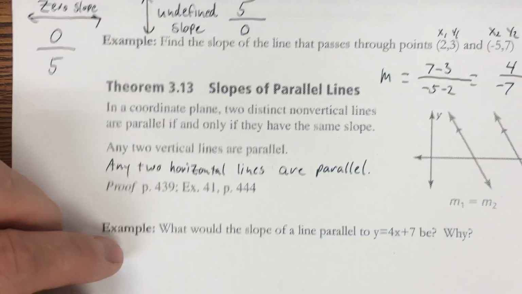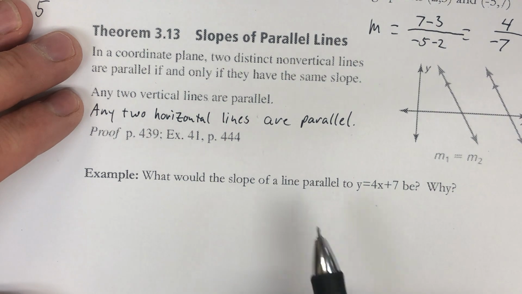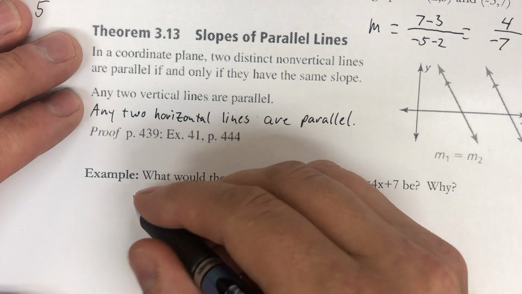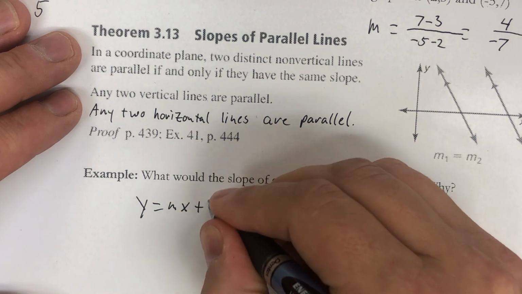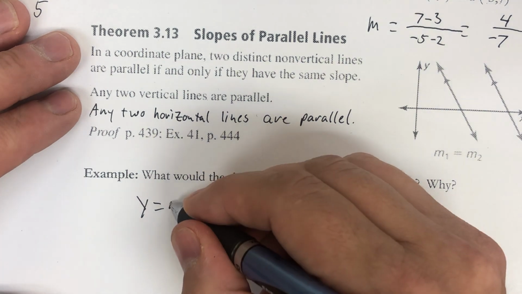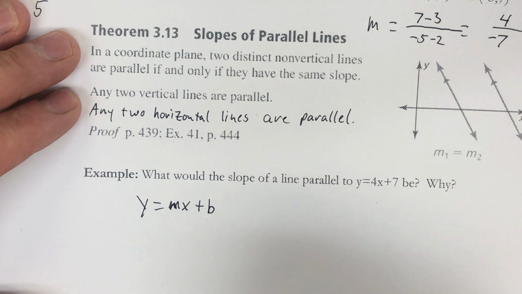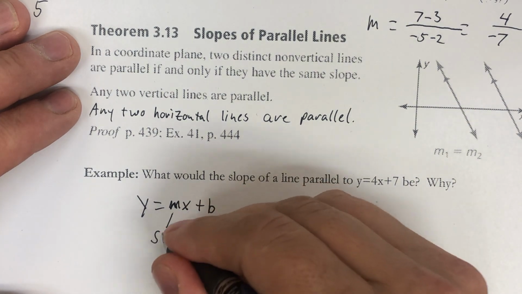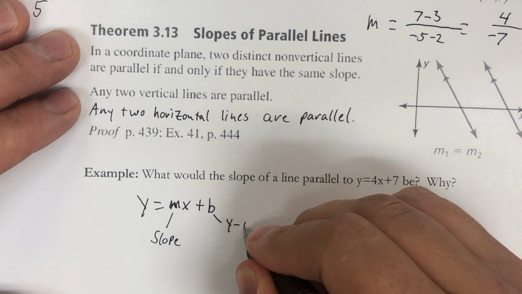Okay. The next thing we're going to look at is some equations of lines. For us to identify the slope of an equation of a line, we need to put it in slope-intercept form, which is y equals mx plus b. So y needs to be isolated. Once y is isolated, we identify the slope, m, as the coefficient of x. So the number that's next to the x, that's going to be the slope. And just a brief recollection, this is the y-intercept.